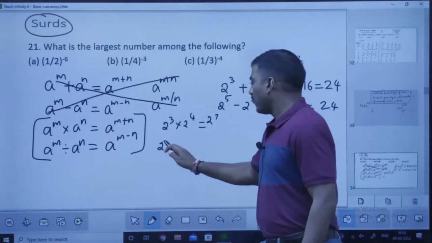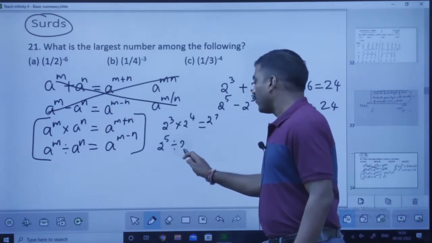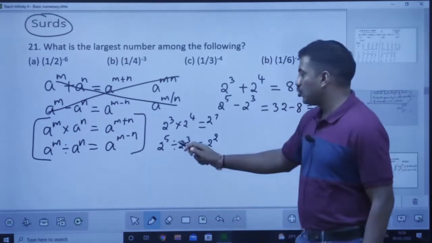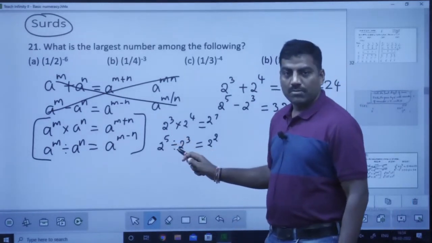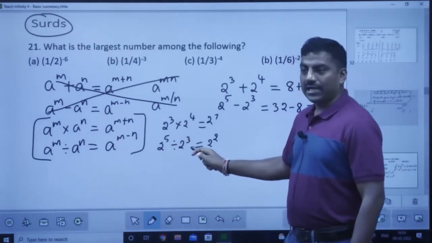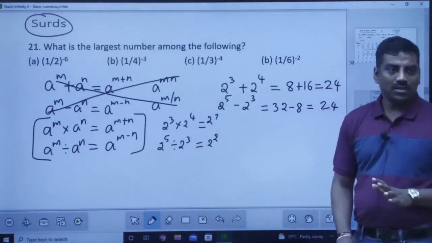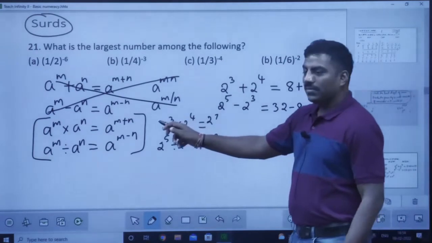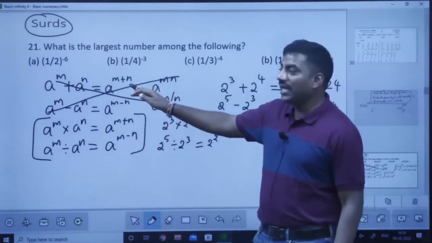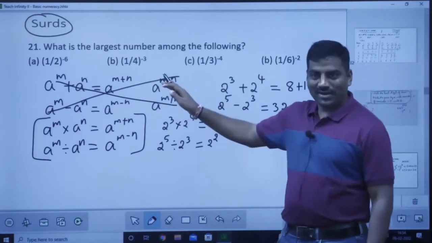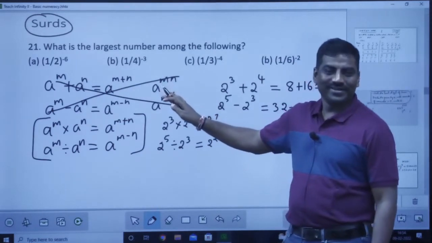Similarly, 2 to the power of 5 divided by 2 to the power of 3 is nothing but 2 to the power of 2, because 32 divided by 8 is 4, that is 2 to the power of 2. Kindly remember this and delete the other from your mind. Never in life should it come to your mind again. Okay?